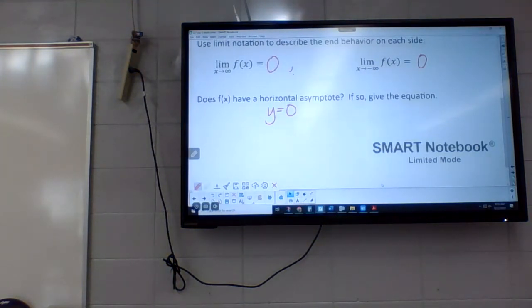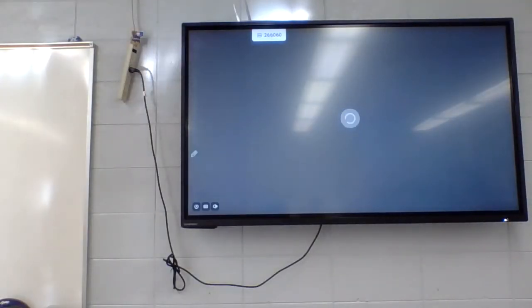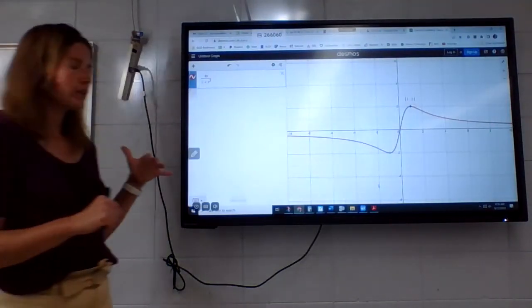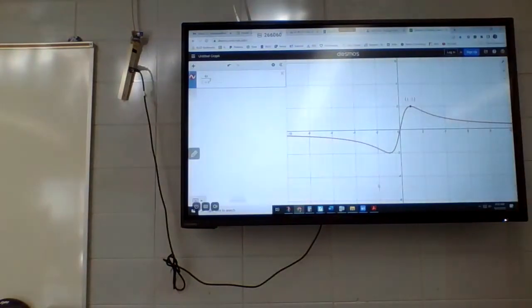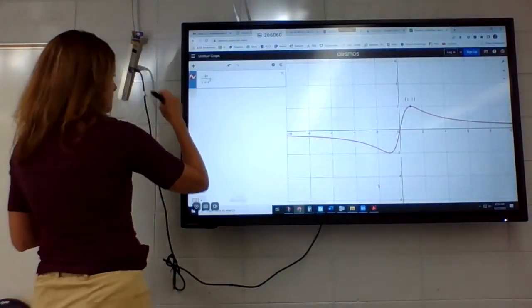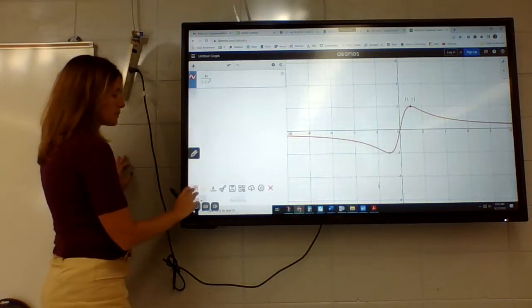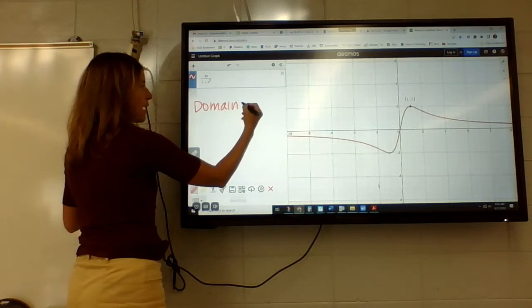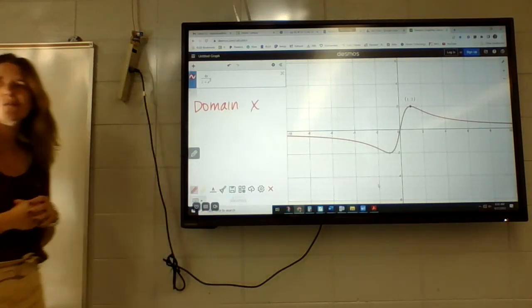We've talked about that, remember, if there's a fraction or if there's a root, or if there's a fraction and a root, we have more to think about. But the graph also helps us with this, hopefully. What x values can I choose for my domain?